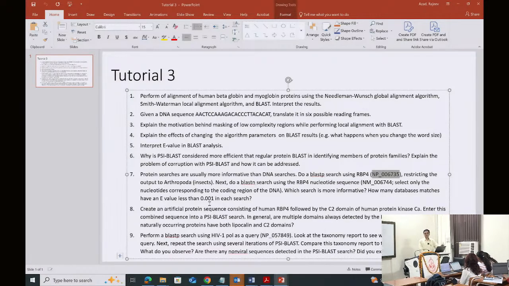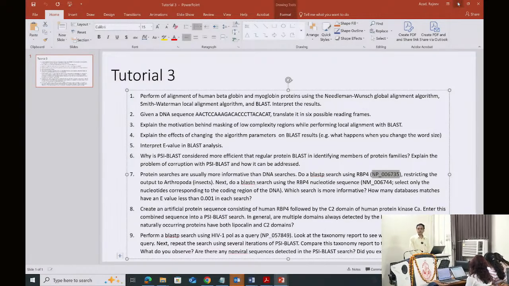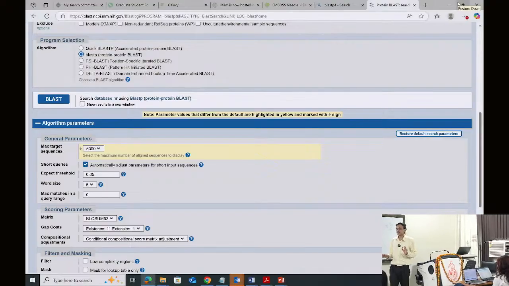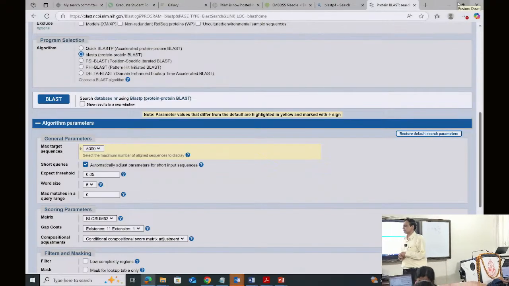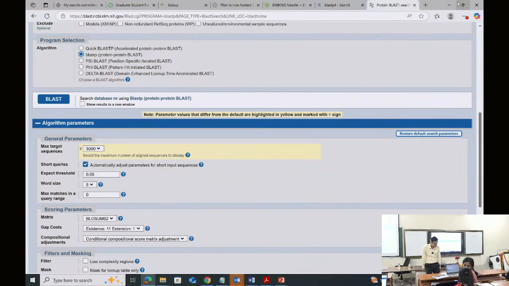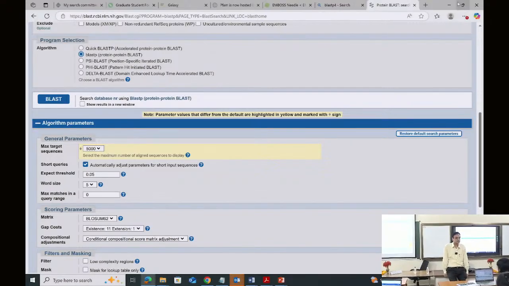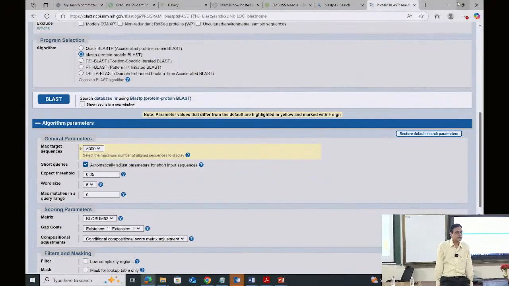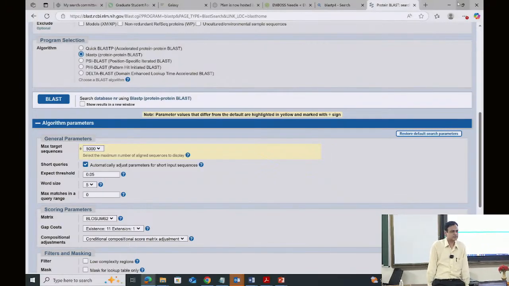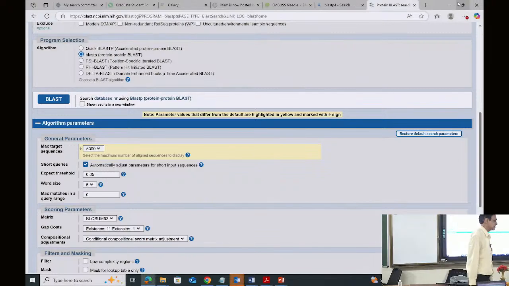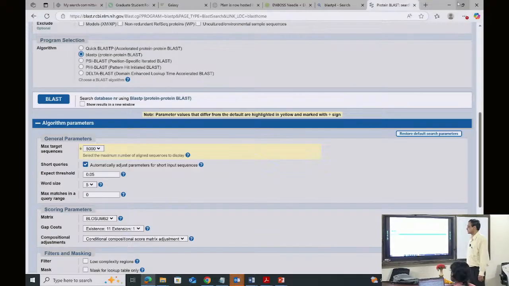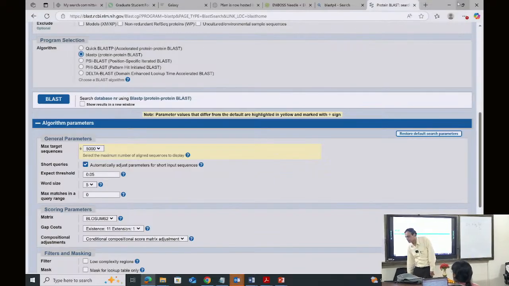Okay, so it seems like you were able to do it, which is good. The protein blast hits total 667 and nucleotide blast 7. So can you answer the question now? Which is more informative, protein blast or nucleotide blast? Protein blast, because you are getting more hits.